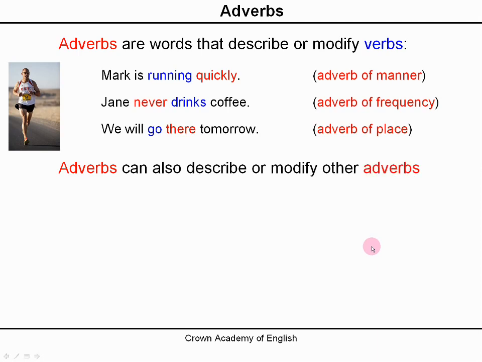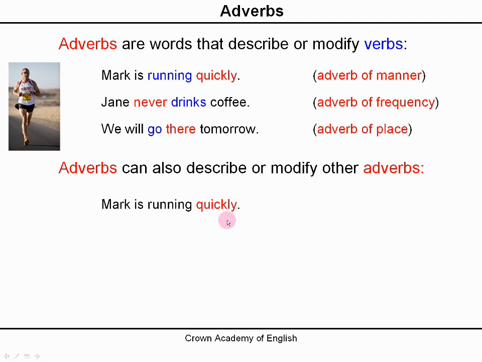Adverbs can also describe or modify other adverbs. So here is the same sentence. Mark is running quickly. So we have the verb running. The adverb quickly is describing running.